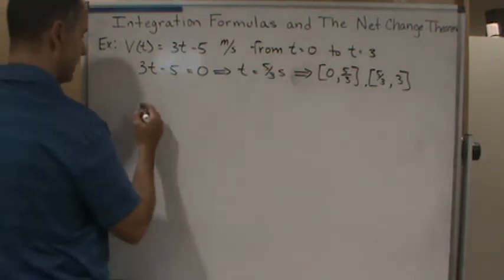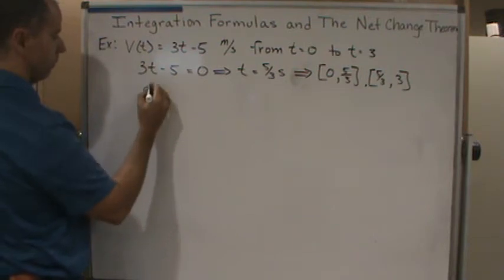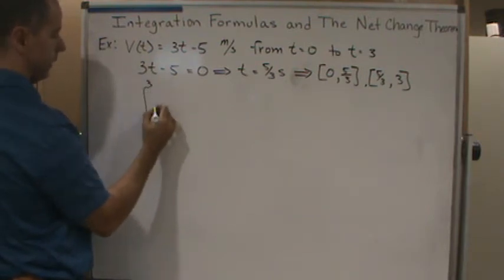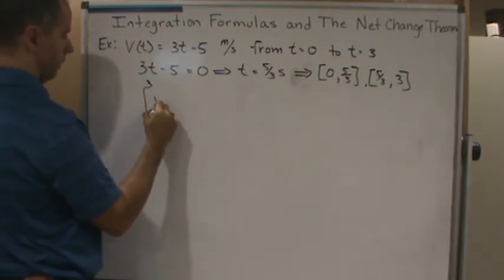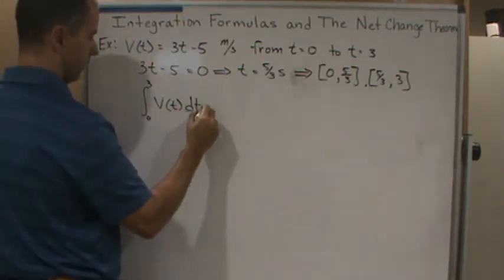And so now when I set up my integral, I'm going to go from 0 to 3 of v of t dt.